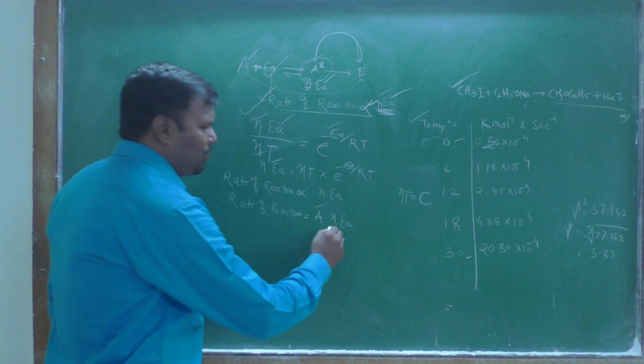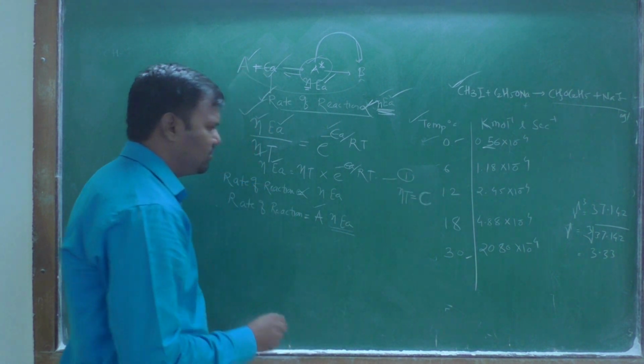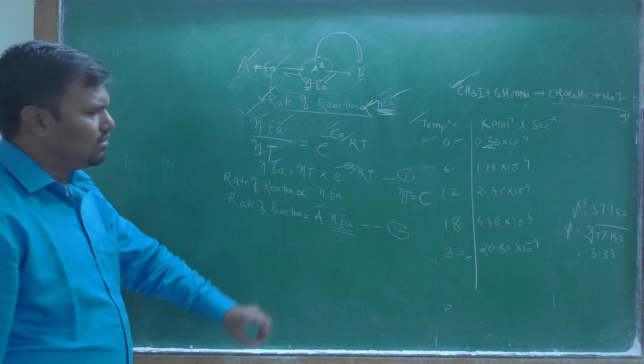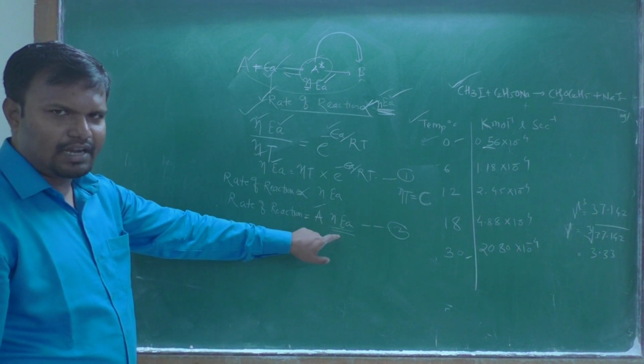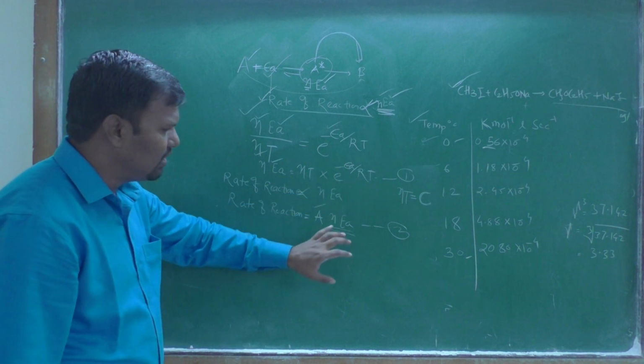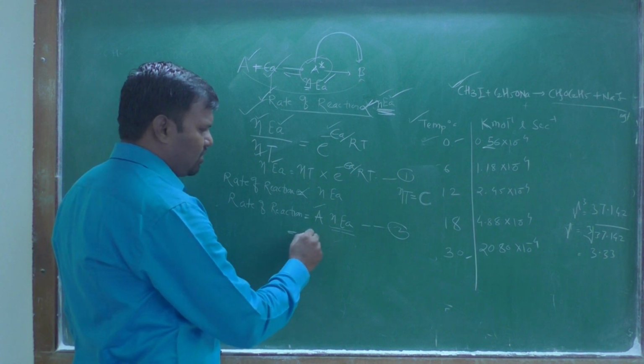Now by putting this value from equation number 1, N_EA equal to NT into e raised to minus Ea upon RT, in equation number 2, you will obtain the equation.